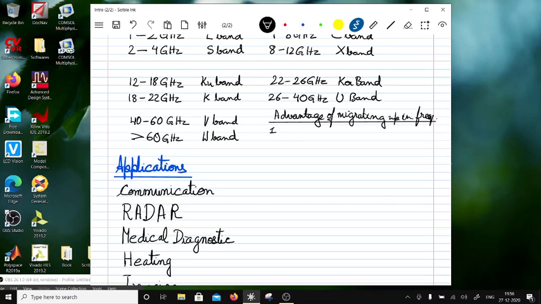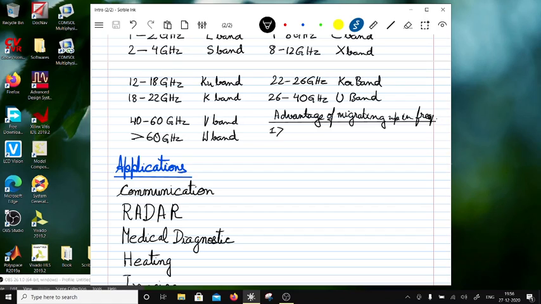First advantage I see is that the bandwidth is usually a percentage of the center frequency or the carrier frequency. So if I say 10% bandwidth at 60 gigahertz, it's going to be 6 gigahertz. 10% bandwidth at 6 gigahertz would be around 600 megahertz, right? So you see that the bandwidth keeps on going up as you go to higher frequency.